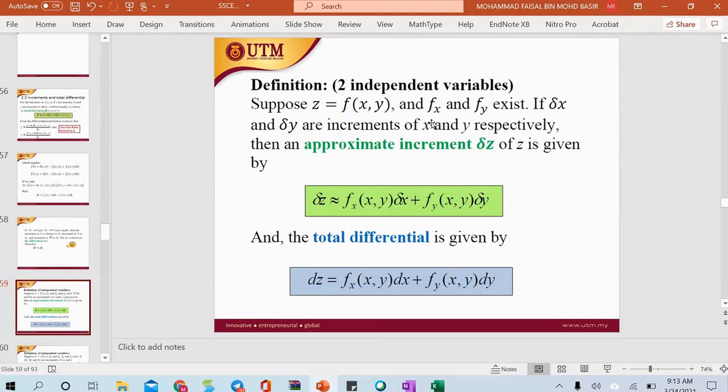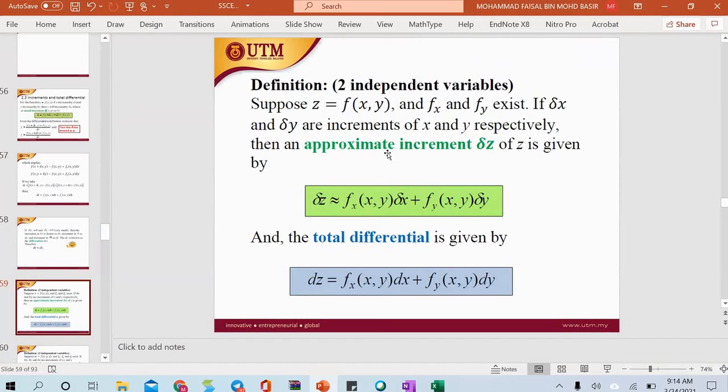The approximate increment of delta z will be fx delta x plus fy delta y. Suppose z is a function of x and y, and fx and fy exist. We will make sure this exists, don't worry. If delta x and delta y are increments of x and y, then the approximate increment of delta z of z is given by this.